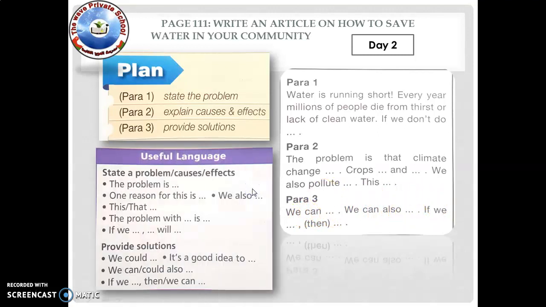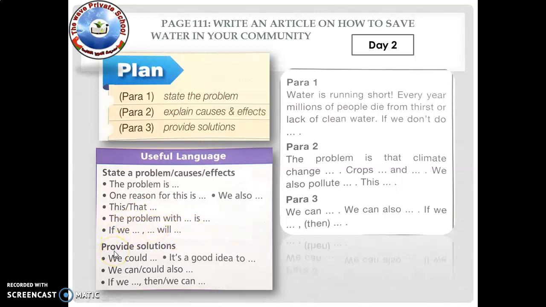Now, what is the useful language in this type of writing? To state a problem or causes and effects: the problem is, one reason for this is, the problem with this is, if we, then we will.